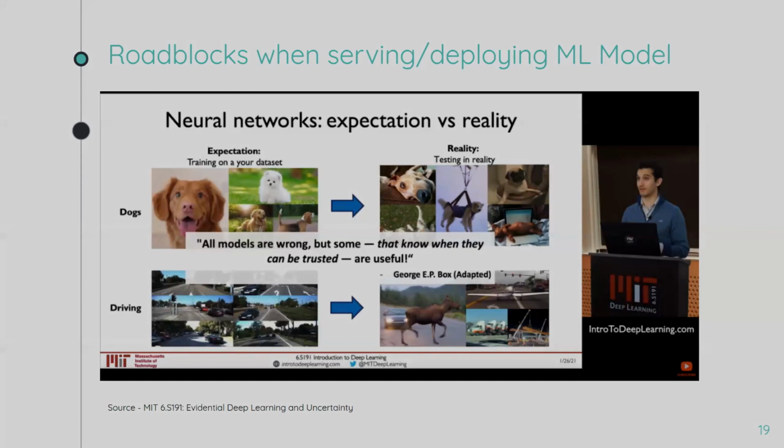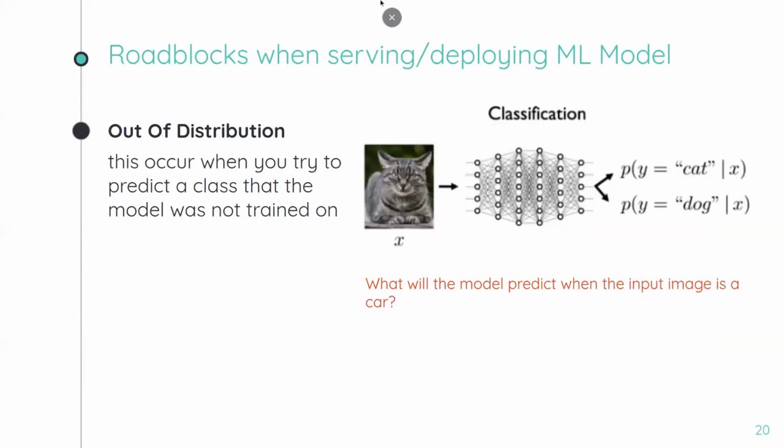Out of distribution occurs when, for instance, you train your classification model to predict just cats and dogs. So you have a probability for cat if you give it a cat, and a probability for dog if you give it a dog. But what happens when you give your model a picture of a car?